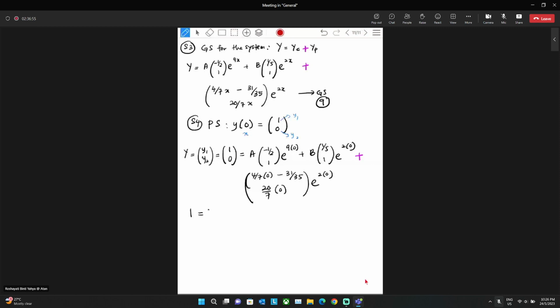So negative A over 2 plus B over 5 minus 31 over 35.